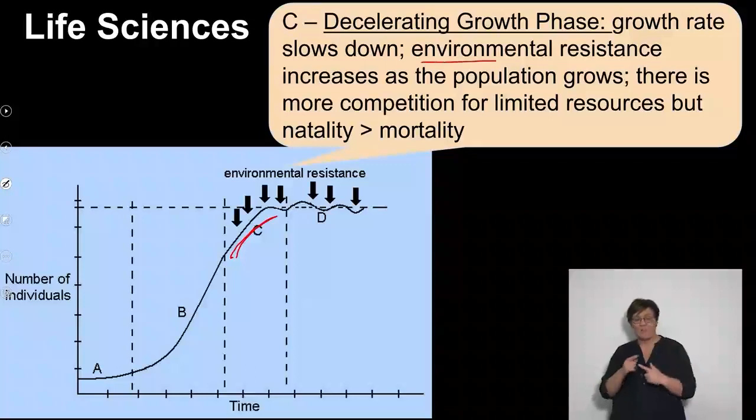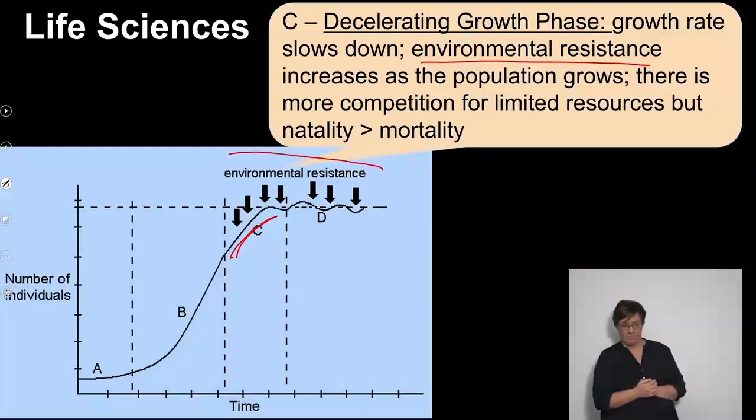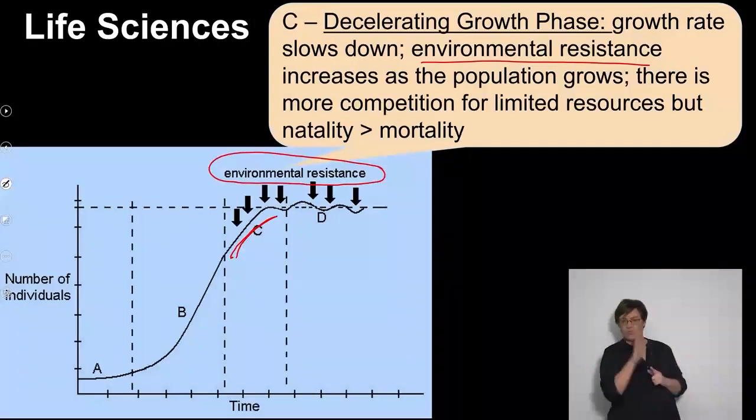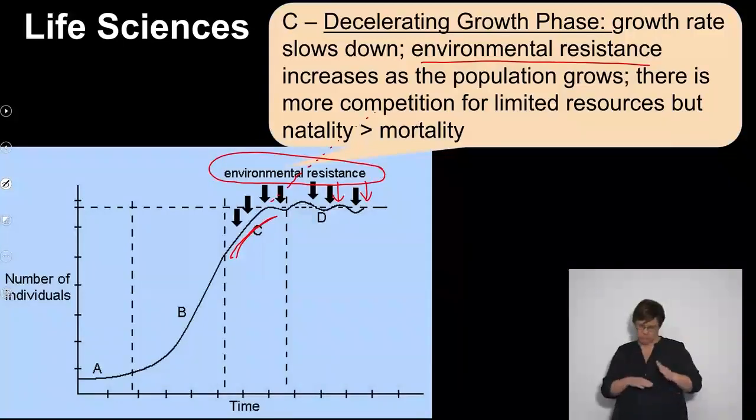This thing called environmental resistance increases, and you can see how I've indicated it on the graph with little arrows pointing down. The environmental resistance means something is stopping this growth curve from just climbing up.